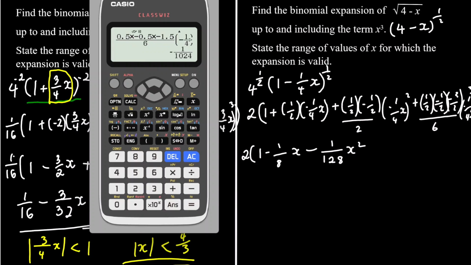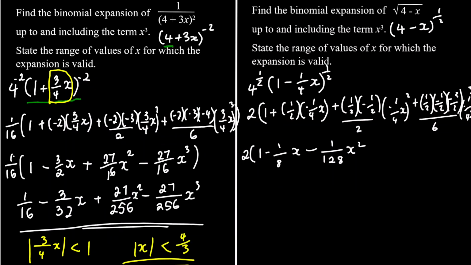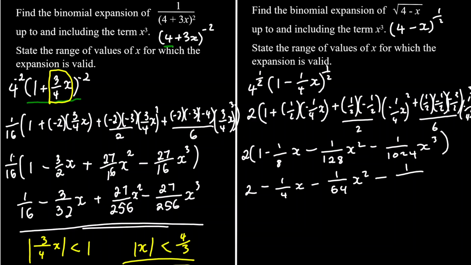So we get negative 1 over 1024 x cubed. So multiplying through by 2, we get 2 minus a quarter x minus 1 over 64 x squared minus 1 over 512 x cubed.